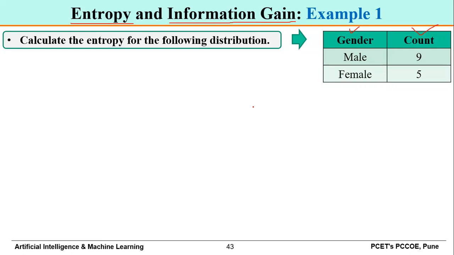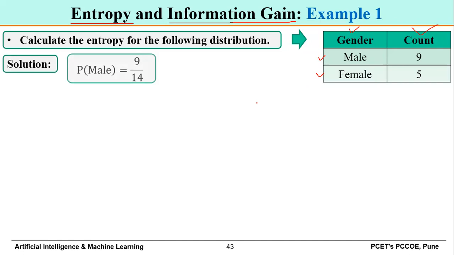In this particular case there are 9 male and 5 female. Now in order to calculate the entropy for the given data set, first of all, we will calculate the probability of male, because the total data set is 9 plus 5, which is 14.